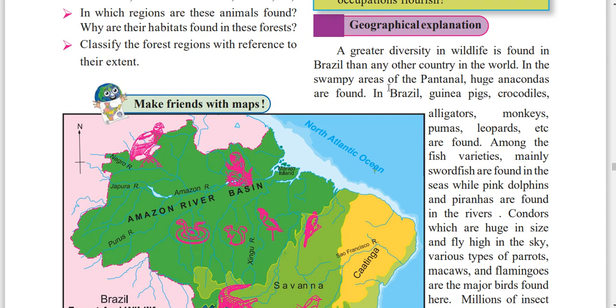In swampy areas of the Pantanal, huge anacondas are found. In Brazil, guinea pigs, crocodiles, alligators, monkeys, pumas, leopards, etc. are found. Among the fish varieties, mainly swordfish are found in the seas, while pink dolphins and piranhas are found in the rivers.